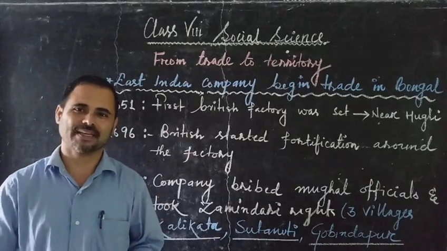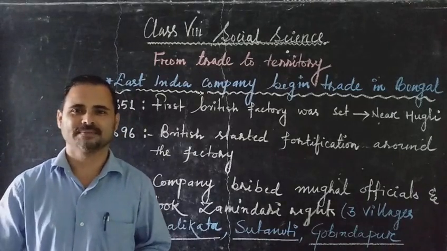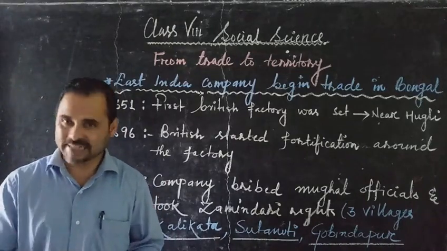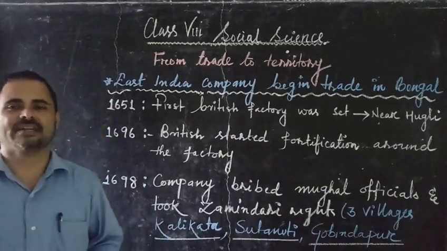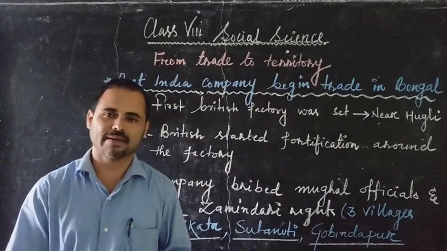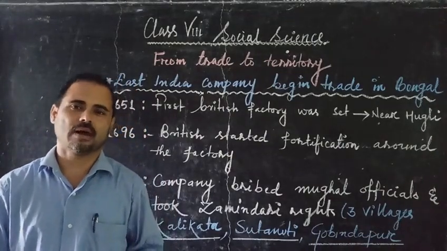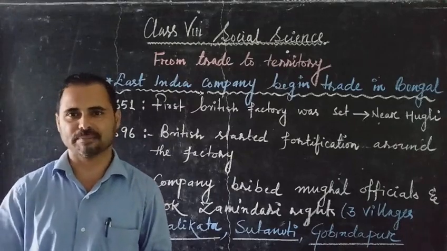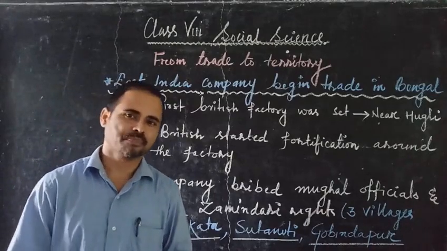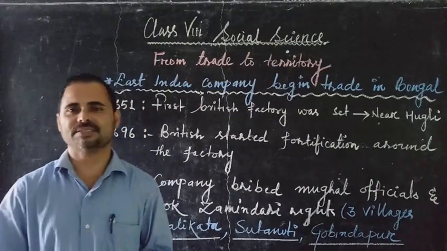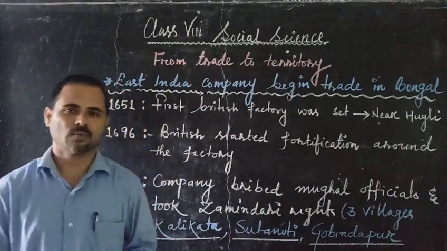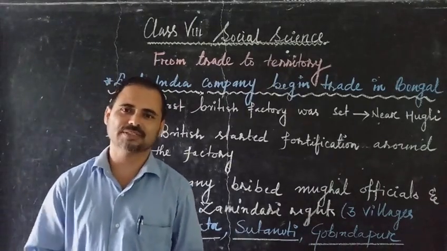He had his own agenda and his own plan. But even then, in the initial days of the battle, the Nawab had a very upper hand over the British East India Company.